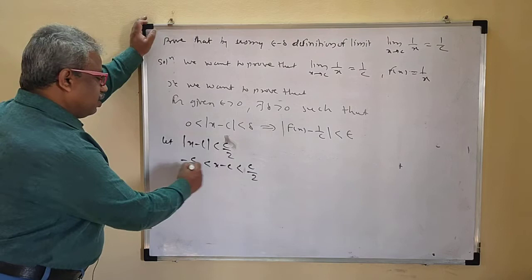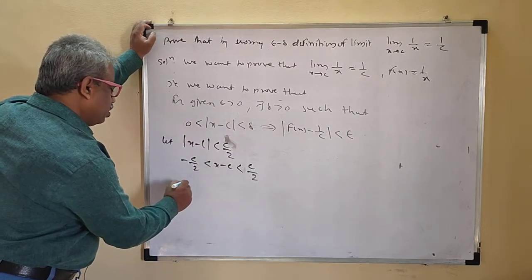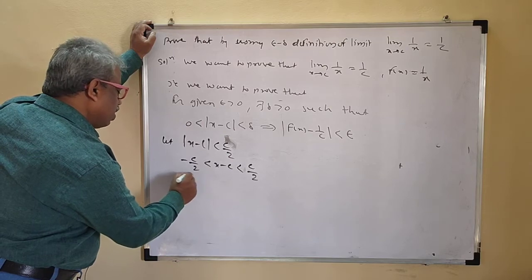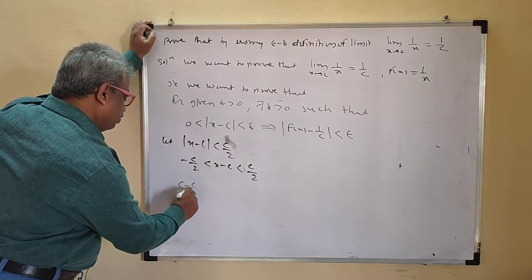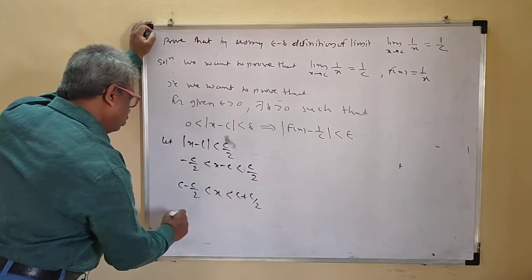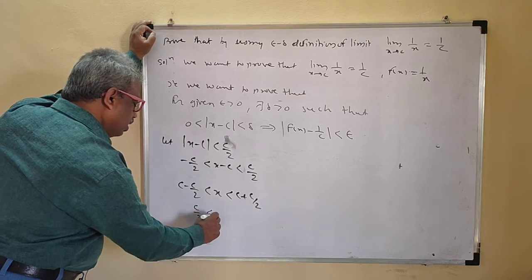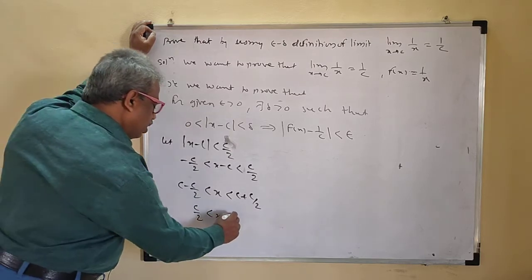Okay, so we'll add c now. So c minus c by 2 is less than x, less than c plus c by 2. So this is c by 2 is less than x, less than 3c by 2.